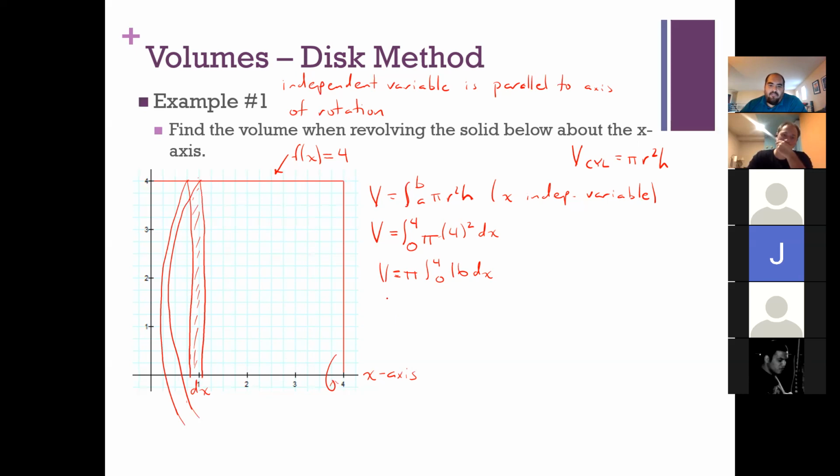All right, so from here, let's just take this integral. The antiderivative of a constant is really simple: pi times 16x evaluated from 0 to 4, and I should get 64 pi. Now, does that make sense with my geometry formula here?